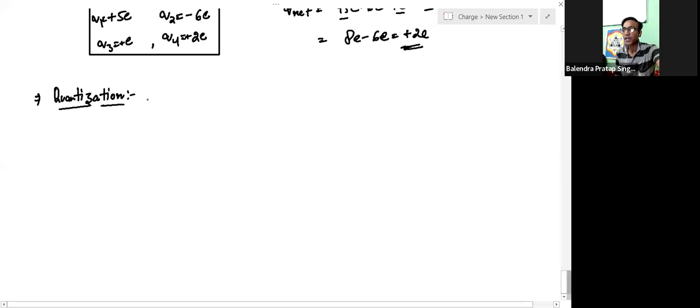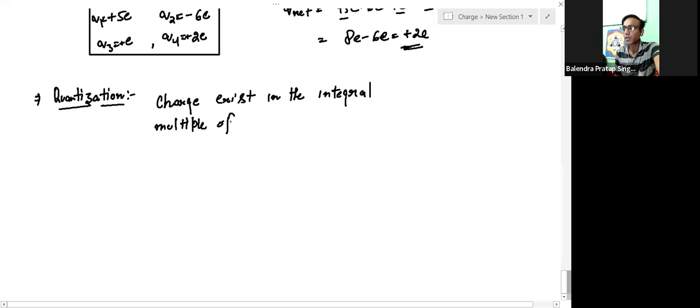First I'm writing the statement: charge exists in integral multiples of the fundamental charge e.